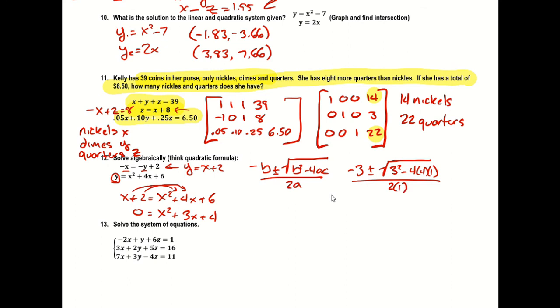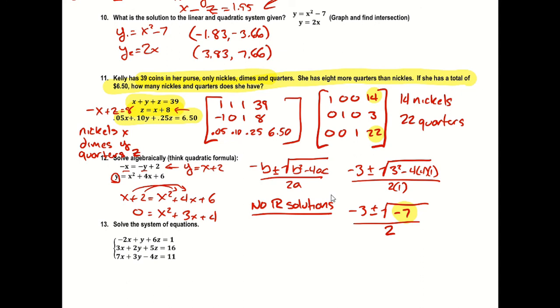When we simplify this, we have negative 3 plus or minus the square root of negative 7 over 2. Now, negative 7 tells us no real solutions. And we are done.